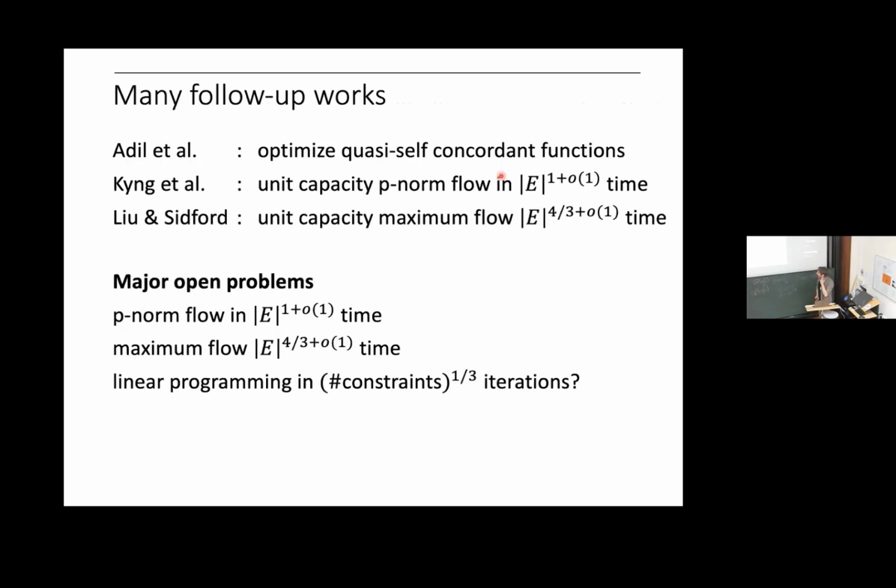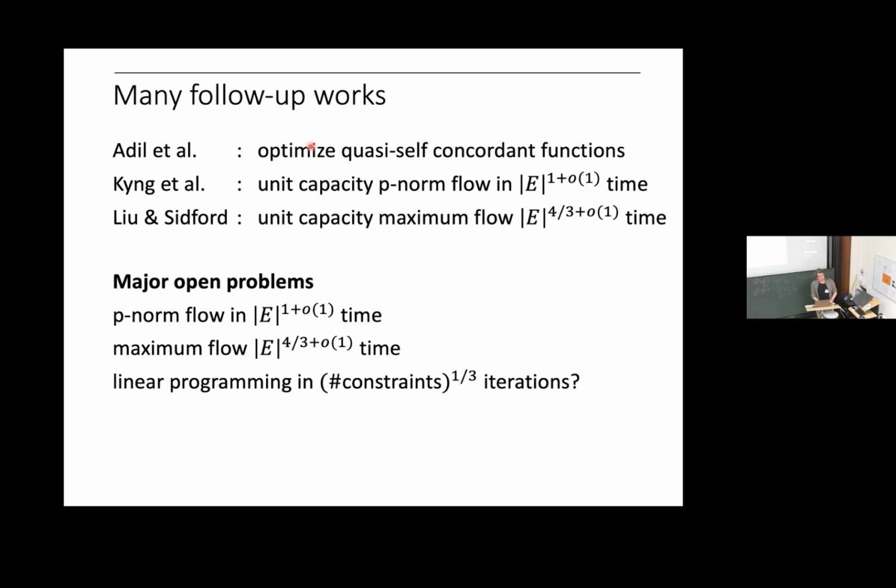Okay, and now we have time to go into more detail, but I want to mention there's been a lot of follow-up work since. So very recently, Adil, who was one of the co-authors on this paper, and some et al.'s, which I think is Sushant Sachdeva and Brian Bullins, worked out how to make this approach work to optimize what they call quasi-self-concordant functions.